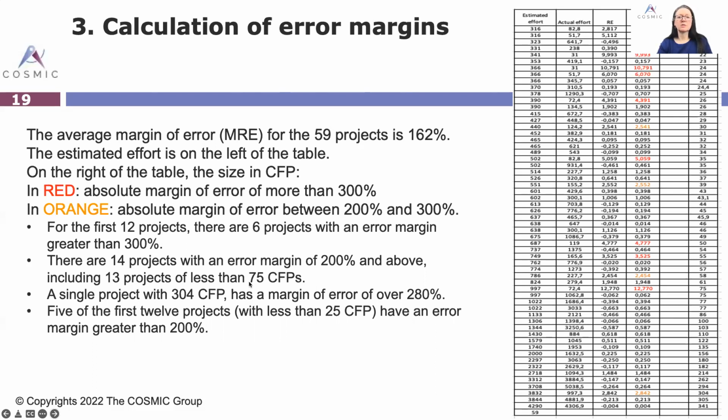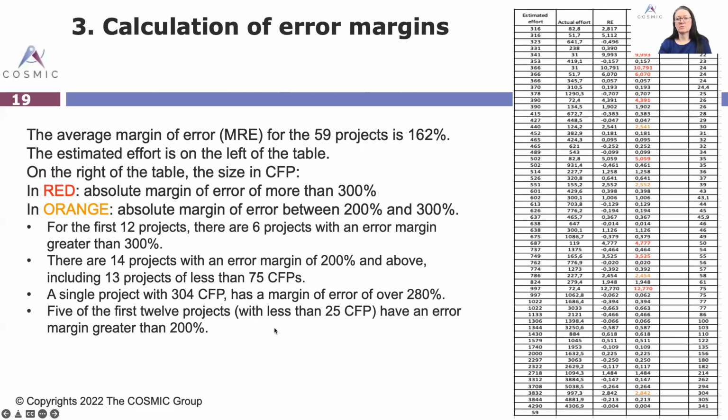of less than 75 COSMIC function points. A single project with 304 COSMIC function points has a margin of error over 280%. So 5 of the first 12 projects with less than 25 COSMIC function points have an error margin greater than 200%.